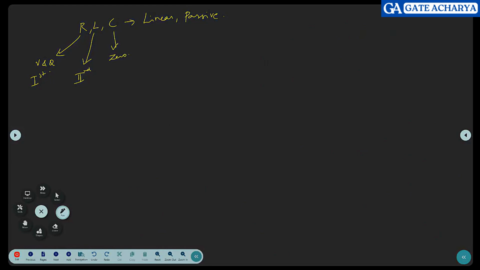How does it matter whether it is 0, first, second? Response. 0 is going to give an instant response, first is going to give a delayed response, second can be anything, depending on the differential equation.